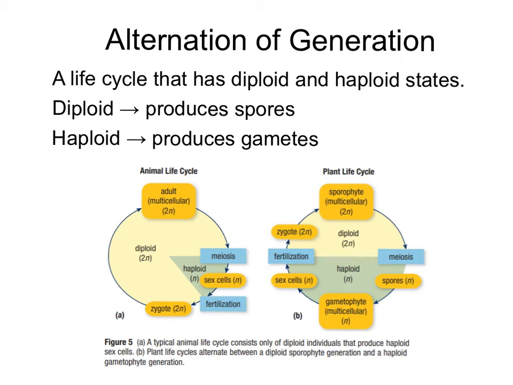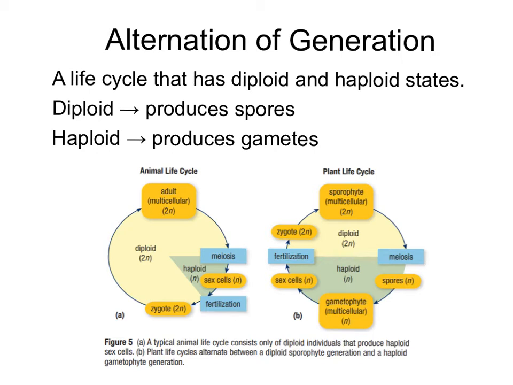If you recall, just as a reminder, diploid means that it's a cell or organism that has two sets of chromosomes, one from each parent. Whereas haploid means that there's just one single copy of each chromosome.